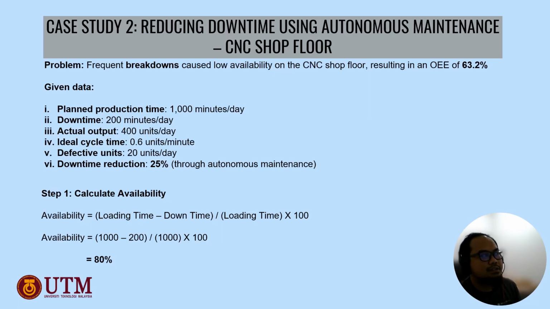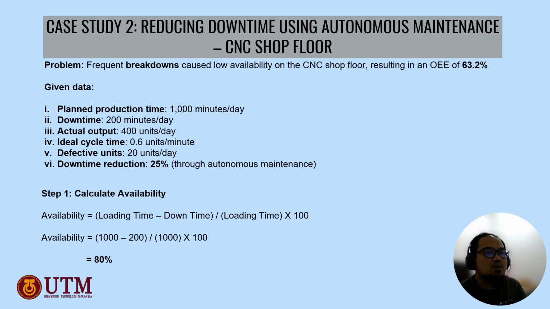All right, the next slide is about case study number two. This case study is about reducing downtime using autonomous maintenance at a CNC shop floor. The problem is that frequent breakdowns cause low availability on the CNC shop floor, resulting in an OEE of 63.2%.